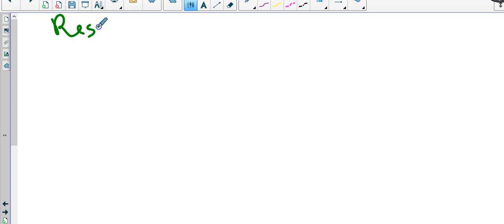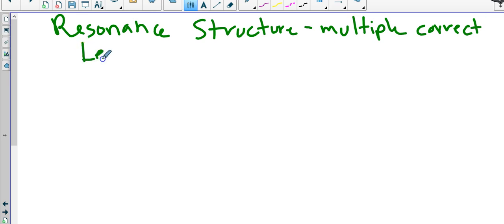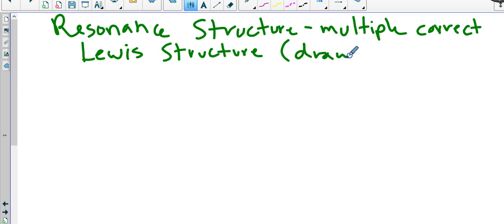That'll make you feel better about having to draw it again. Resonance structure. That is where you have multiple correct Lewis structures. And in this case, you draw all of them.